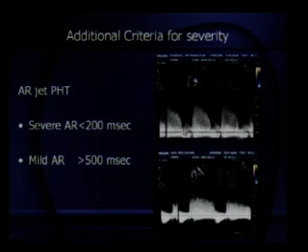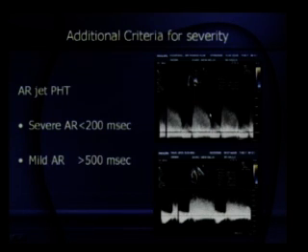It is very important to calculate the AR jet pressure half time. Now, I'm not going into pressure half time because when we were discussing mitral stenosis, we discussed that this is the time taken by the pressure to halve within a period of time, and that used to give us the mitral valve area.